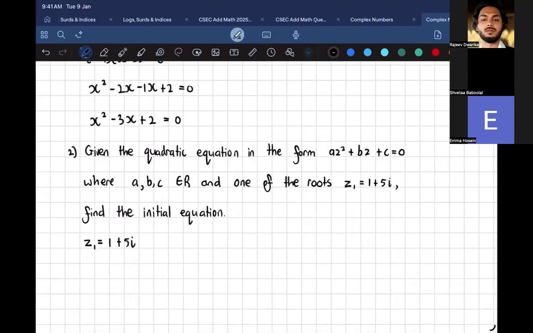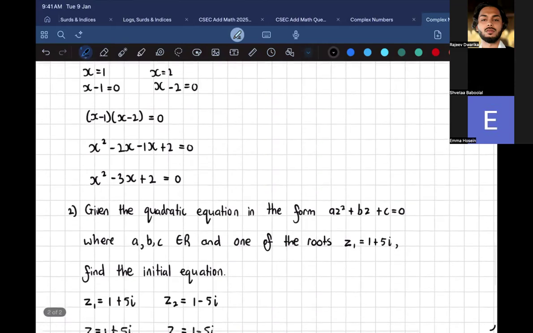What would Z2 be, the second root? 1 minus 5i. Right. You could call it Z1 and Z2, but essentially they're just Z: Z is equal to 1 plus 5i, and Z is equal to 1 minus 5i.